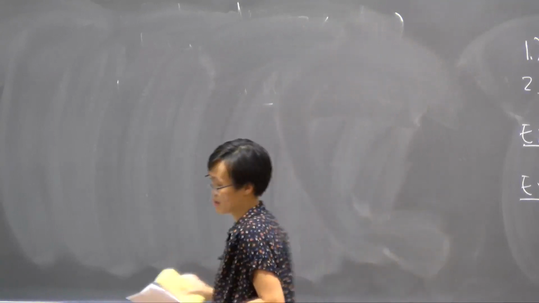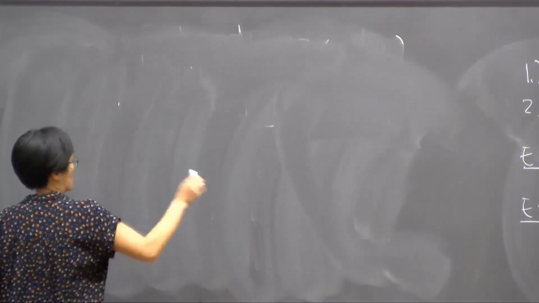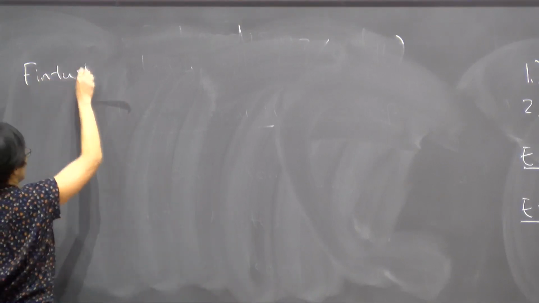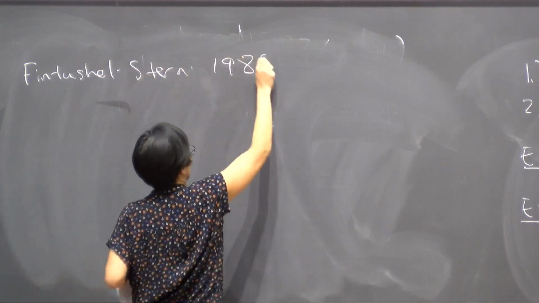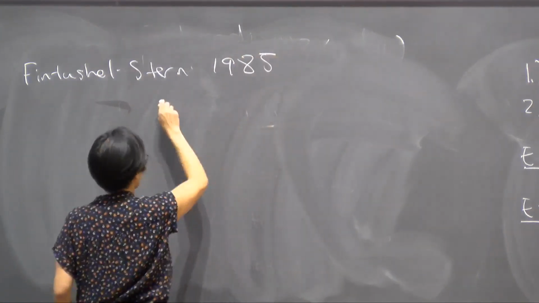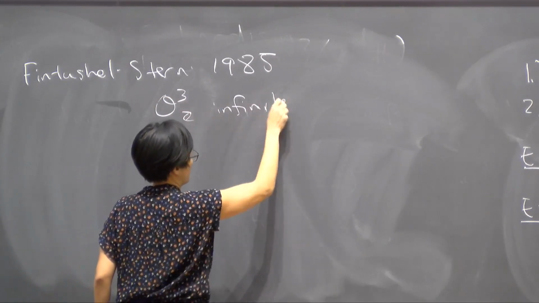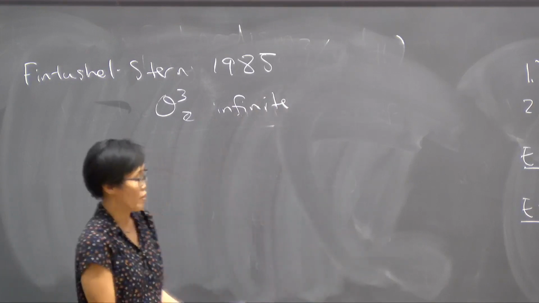Well, in the 80s, Fintushel and Stern showed that the homology cobordism group is infinite. They found an element of infinite order in the homology cobordism group.